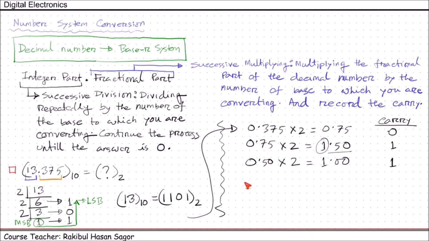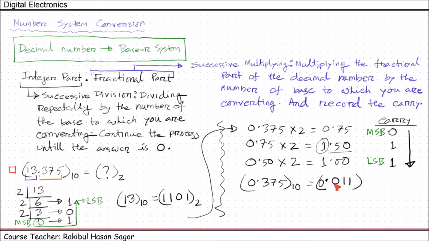We can write the binary equivalent of 0.375 decimal is equal to, this will be the order, which means this is MSB and this is LSB. So the value will be 0.011.